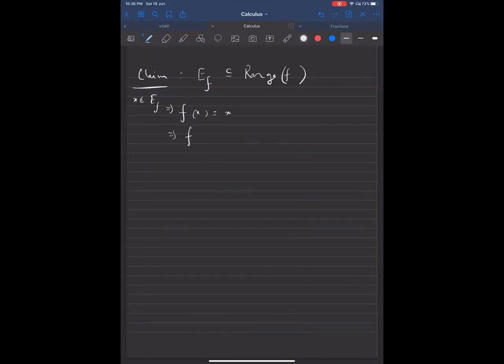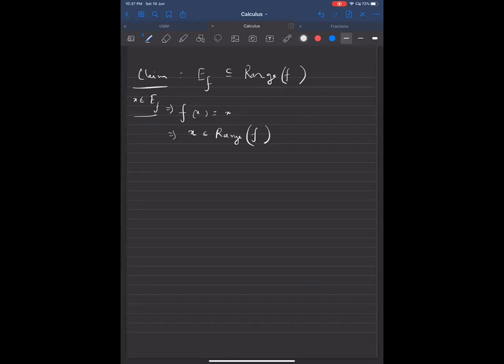It's clear, right? If f of x is equal to x, then x is being mapped to x, so x is in the range. It is clear, right? There shouldn't be any confusion.